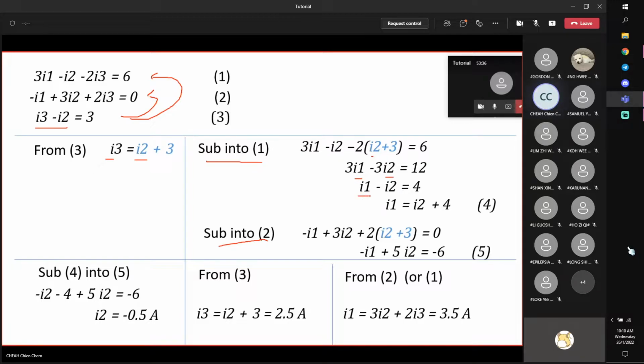Then I get one equation in terms of I1 and I2. Similarly, if I substitute 3 into 2, in equation 2 there will only be I1 and I2 because I've eliminated I3. Then you have two equations with two unknowns. You just substitute one into the other, and finally you can get the variables. Once you get one of them, then you back substitute into the rest. You can solve the rest.